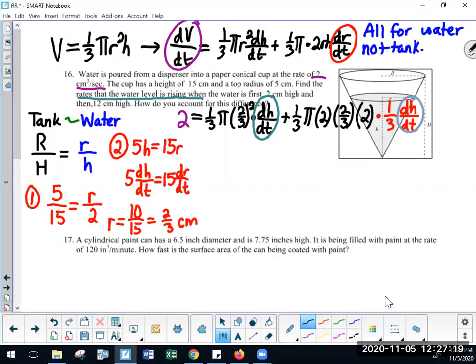So I'm going to show off a teensy bit and do this without a calculator, probably incorrectly, but who's to say, right? It's just math, nobody knows. 2/3 squared is 4/9.